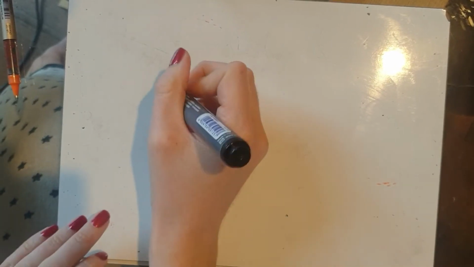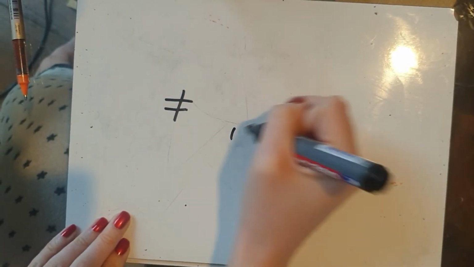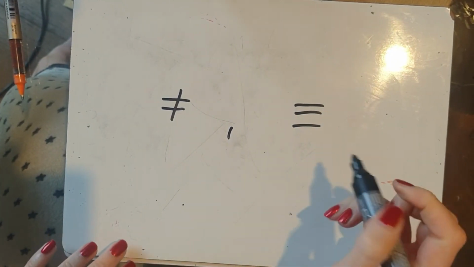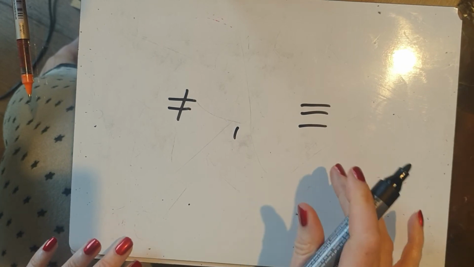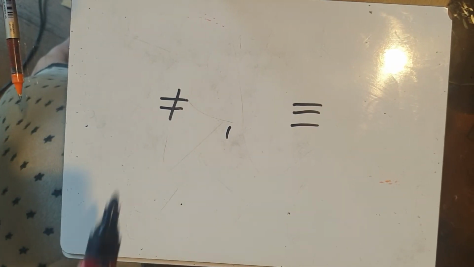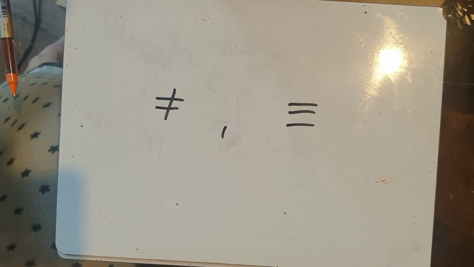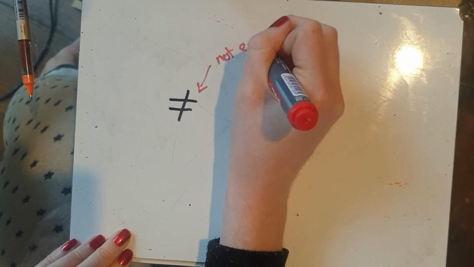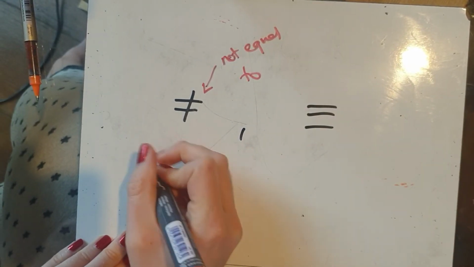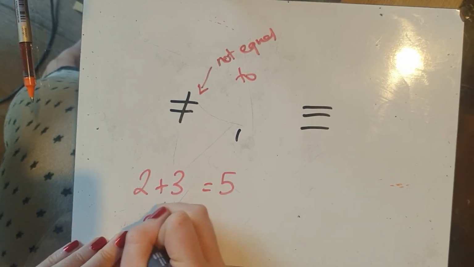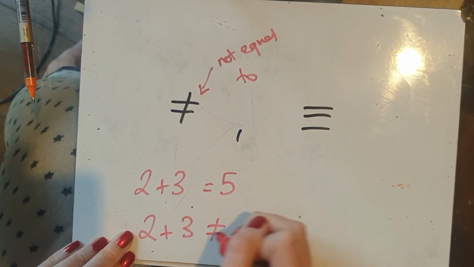Two more objects that you need to know are not equal to and the identity symbol, or equals. It's not an equals, it's the identity one, but they mean similar things but not the same. Not equal to is very easy to understand. We know that 2 plus 3 equals 5, in which case 2 plus 3 does not equal 6.